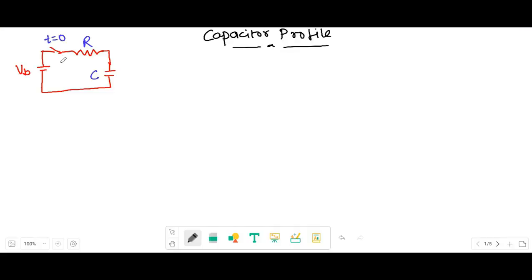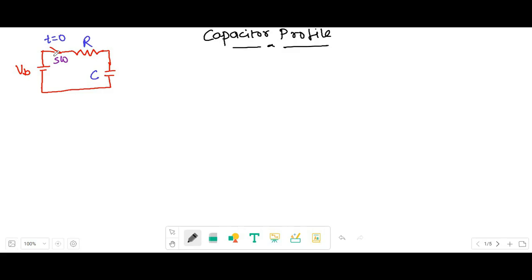Let's first understand this circuit. If you look here, I have the voltage source VB, and this is a switch, SW. At time t equals 0, the initial condition, the switch is open.